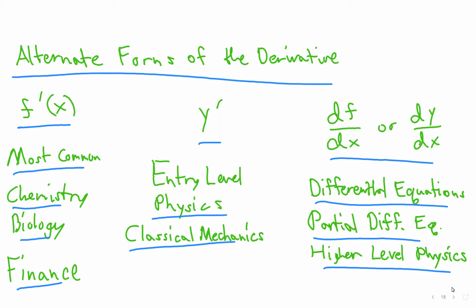There's also df over dx or dy over dx. And this form gets used a lot in differential equations, as well as partial differential equations and higher level physics. So you'll be taking a look in those classes at how things are changing overall, and then trying to figure out how to relate them to other rates of change.